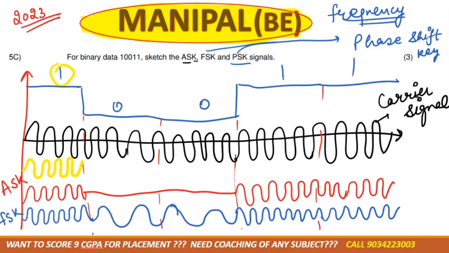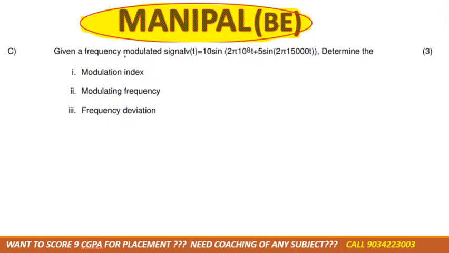Now phase changes, see it ends at positive, now the new cycle will start from the negative. Okay, same as the carrier signal, correct? So this is for PSK. Understood? This question they have given for 3 marks for the 3 waveforms. Note it down.